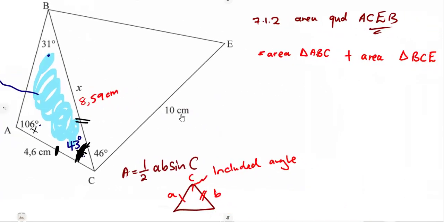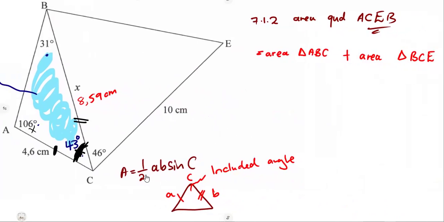Meaning the area rule can be used because we have two sides that are creating angle 43 degrees, which makes this angle an included angle in between two sides. It must be in between the two given sides. So thus we can have our area.